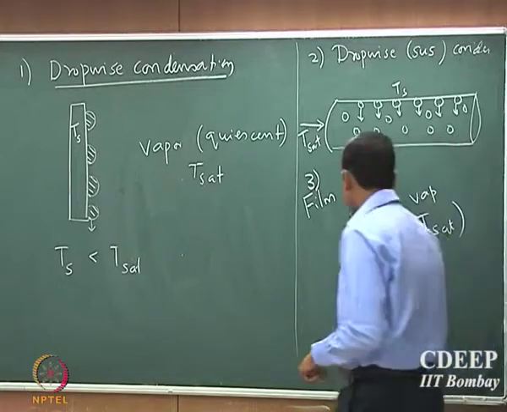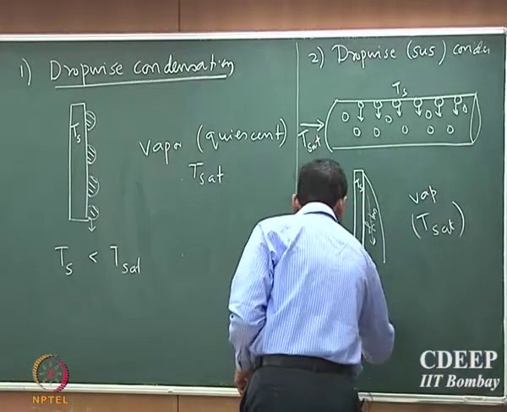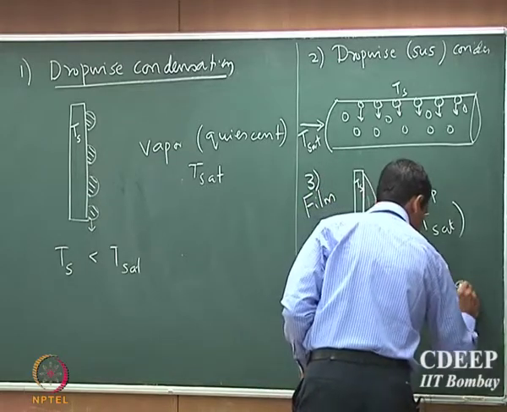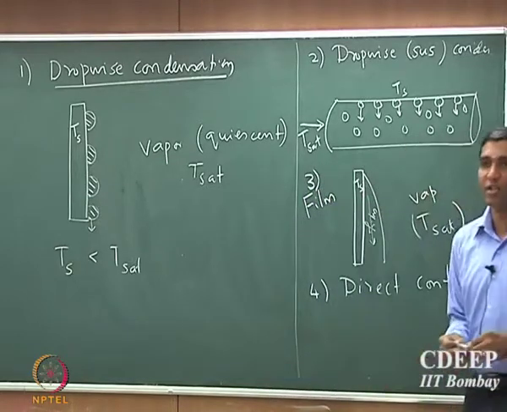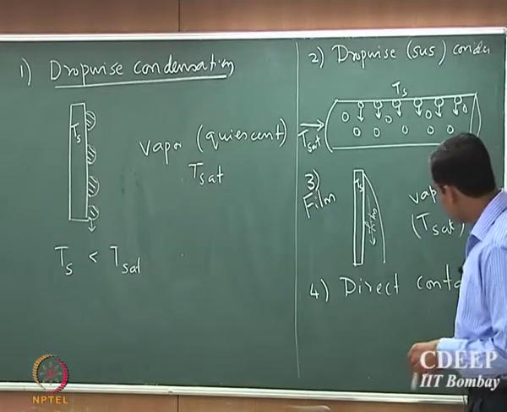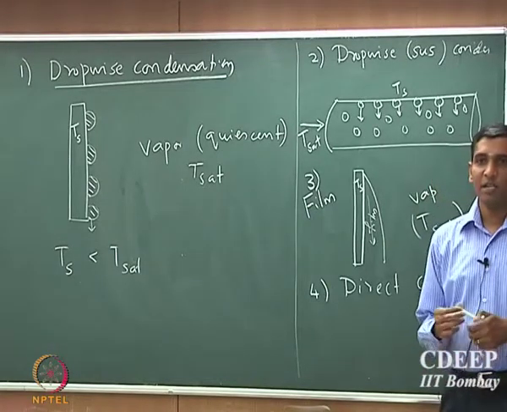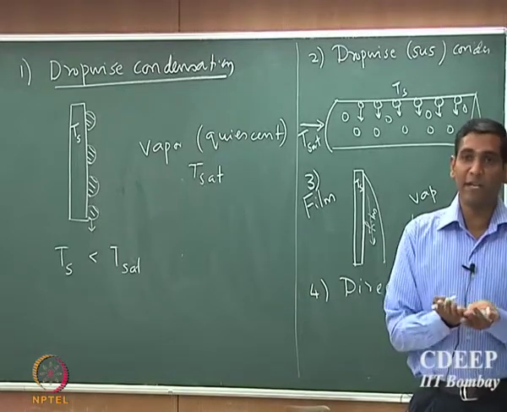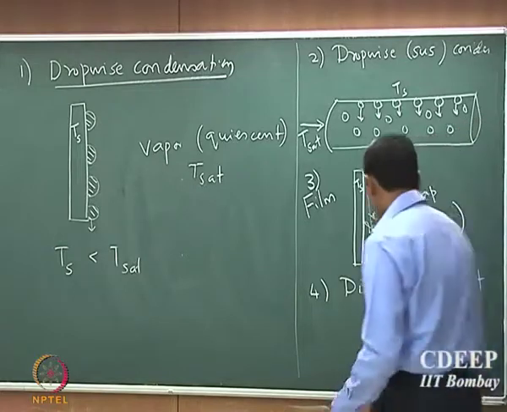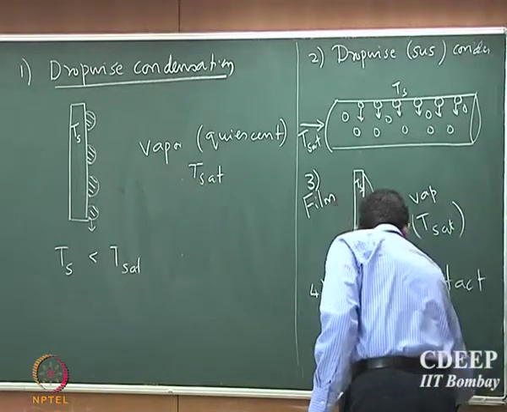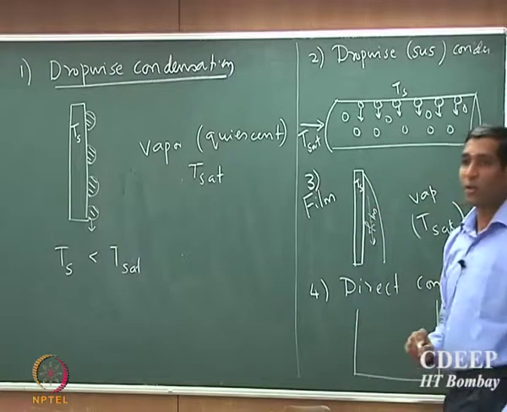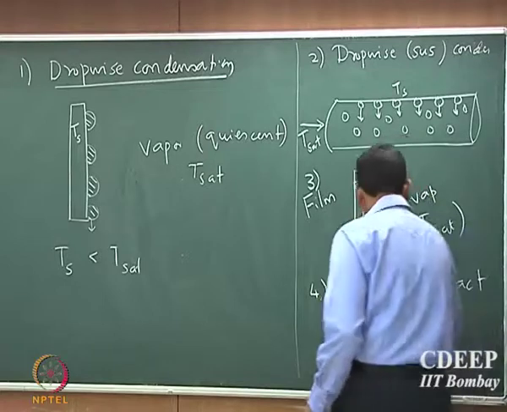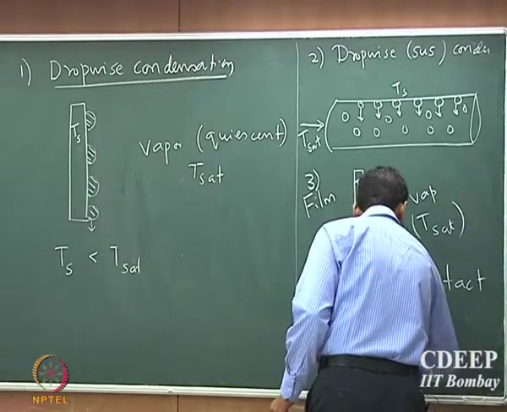Okay. Now, the fourth one is the direct contact condensation process, and this mode of condensation occurs when you have contact between two different fluids at different temperatures. A simple way to visualize this is, suppose I have a container with a fluid, and I have a tube here.